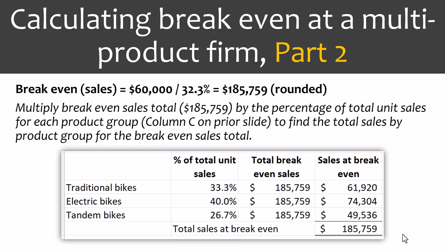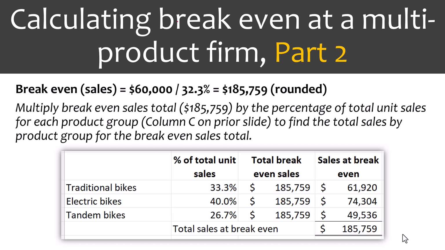Then for electric bikes, we're going to take the 40% weight that we calculated earlier times the $185,759 again to get break-even sales of electric bikes of $74,304. And finally, tandem bikes, 26.7% weight times $185,759 to get $49,536 as the break-even sales of tandem bikes.